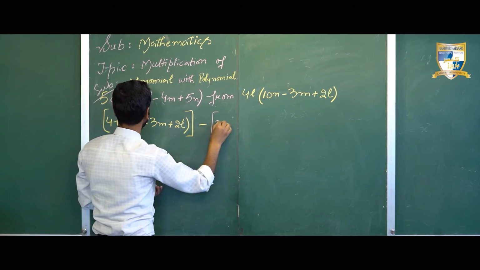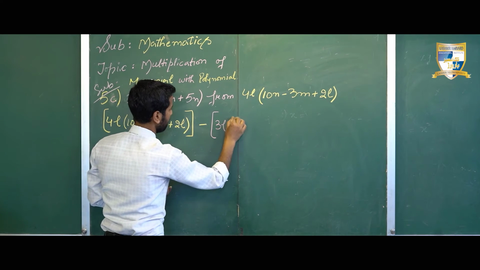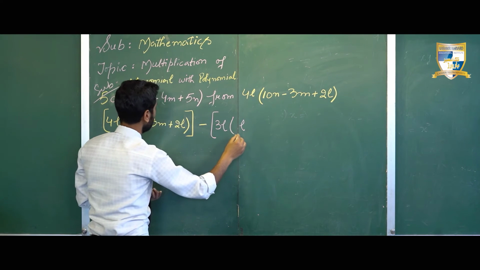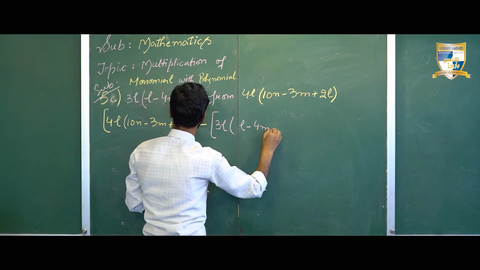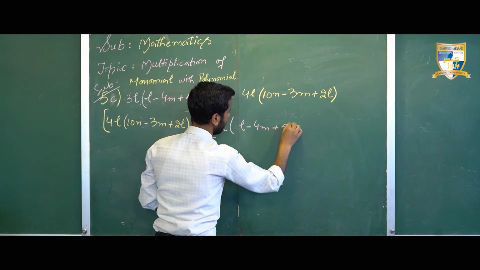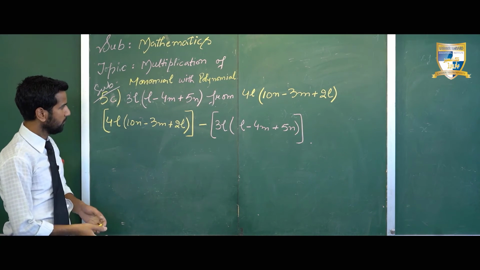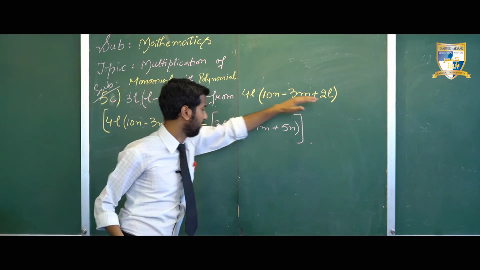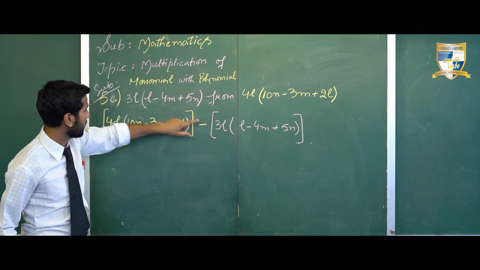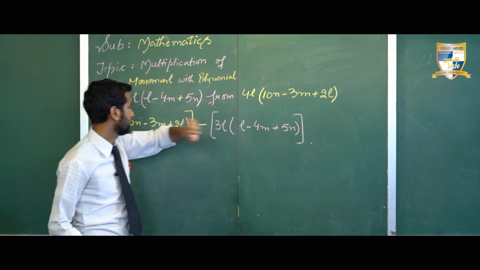The second polynomial, that's 3L (L minus 4M plus 5N), from it. This part first, and then you are going to subtract this expression from it.